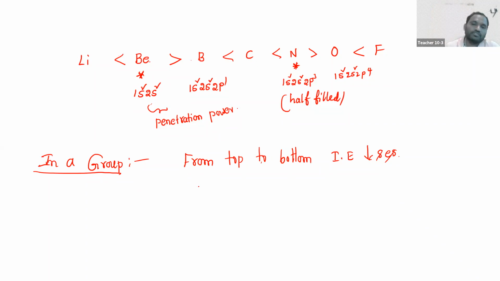Ionization energy decreases since atomic radius increases. Next, applications of ionization energy.